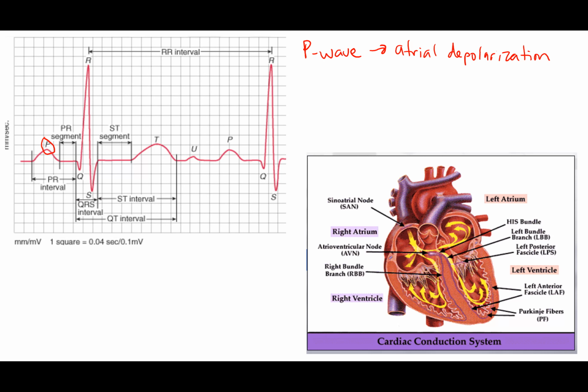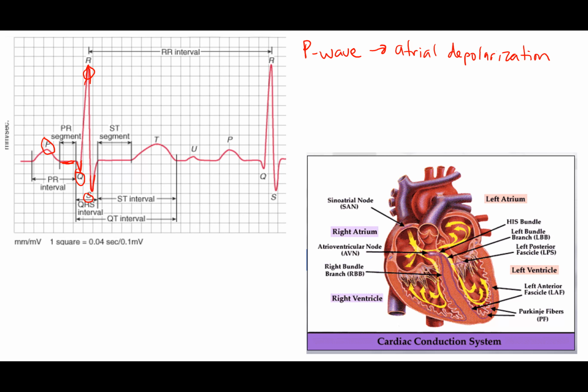The next thing you see, so you get a bump and then it goes back to baseline right there, and then you see this kind of tall spike, or sometimes what I call the squiggle. And that spike, you can see, has 3 letters on it. There's a Q for the first downward deflection, and then there's an R at the top of the upward deflection, and then there's an S at the bottom of the second downward deflection. So you have a downward deflection, an upward deflection, and another downward deflection. And again, this is idealized.